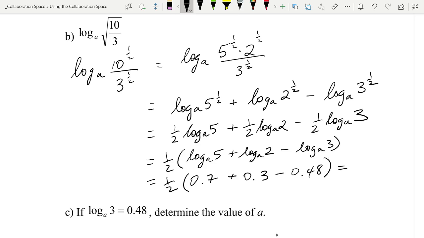We can do this one in our heads, I think, because that's 1, right? 0.7 plus 0.3 is 1. 1 minus 0.48 is 0.52, and then 1/2 of 0.52. Wait a minute. Am I right about that? 1 minus 0.48 is 0.52, yes. And 1/2 of 0.52 would be 0.26. Somebody double check my mental math, but I think I got it.